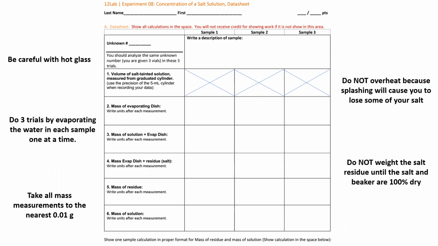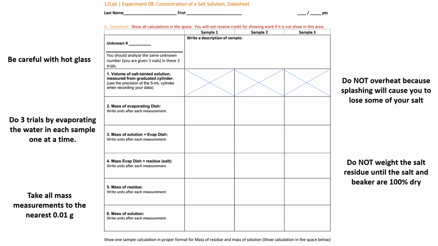Of course, before you pour the solution in, you want to weigh the beaker. You can also use your evaporating dish instead of your beaker. In this data table, it says evaporating dish, but if you're using a beaker instead, that's totally fine.